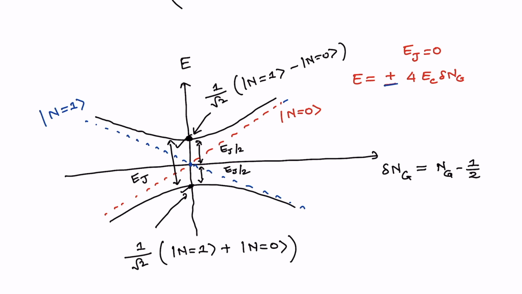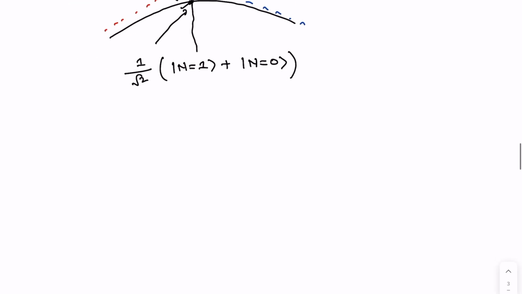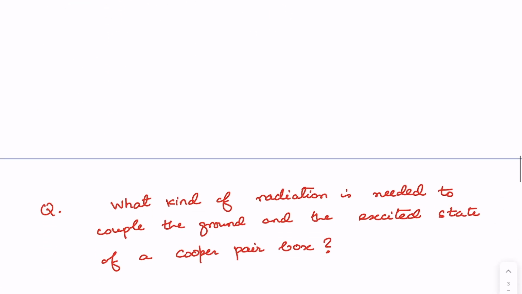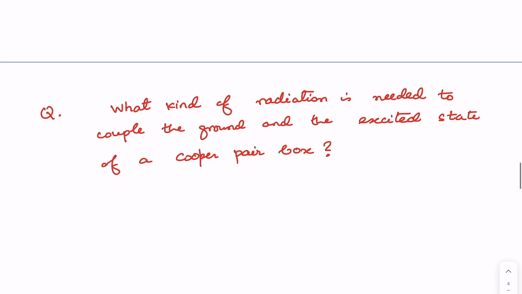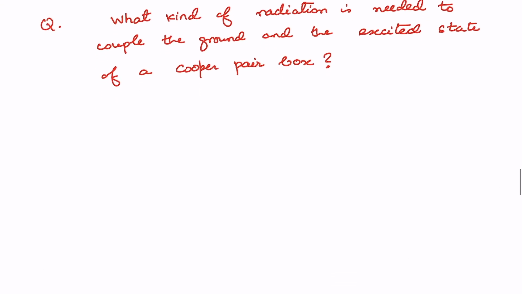Now, after having the qubit, the next obvious question is how to manipulate this qubit, and what kind of radiation is needed to couple the ground and the excited state of the qubit. Let us make a quick calculation.